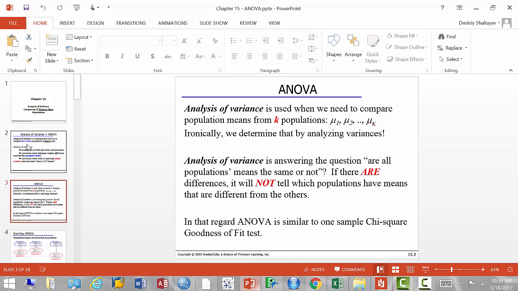The fire can be in the kitchen, in the bathroom, in the garage. The smoke detector doesn't tell you that. That was the chi-square goodness of fit test. ANOVA is kind of like that. It's a smoke detector. It can either tell you that the means are the same, or it can tell you, no, they're not the same. But if they're not the same, it's not going to point out exactly which means are not the same. So the test is powerful, but it has its own drawbacks.